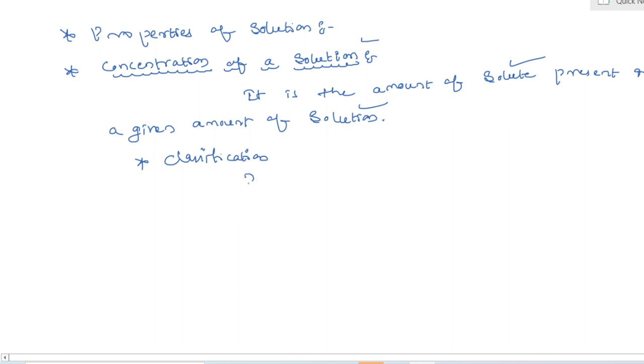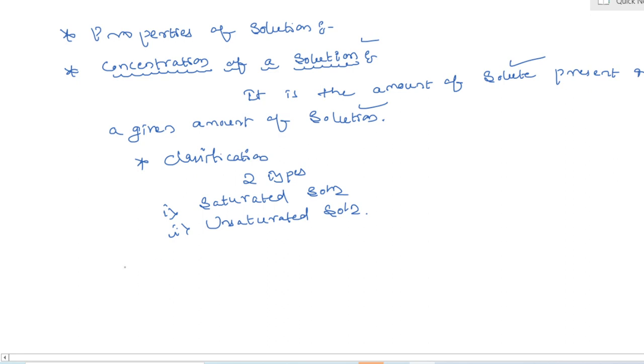Two types. First one is saturated solution, and second one is unsaturated solution. Yes, let us see.